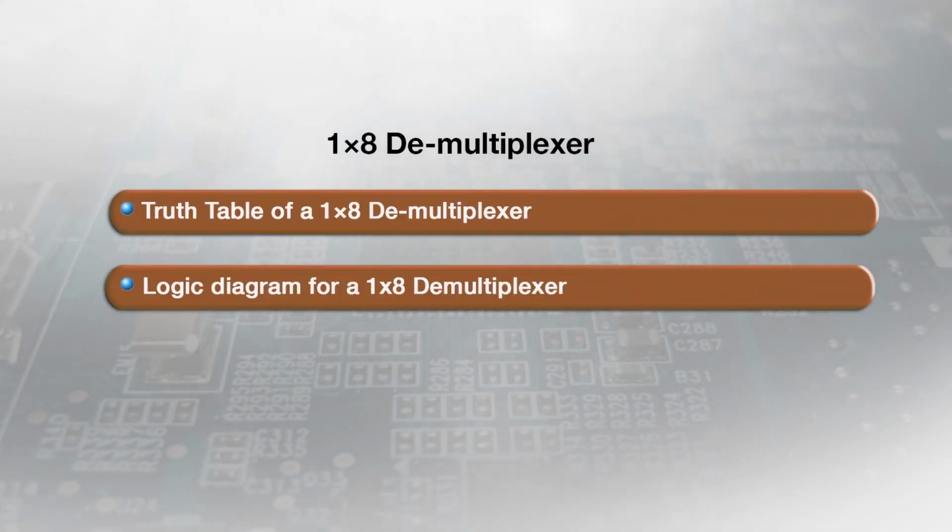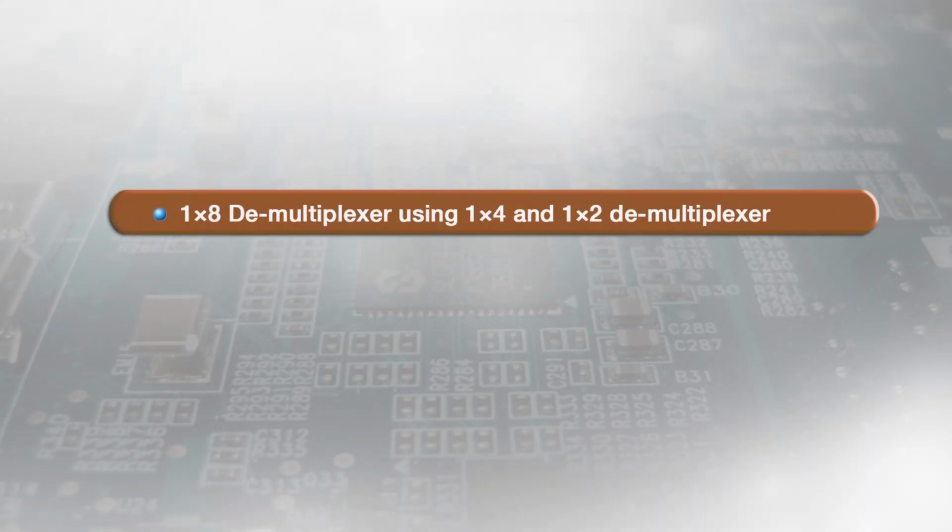We will discuss their truth table and the logic diagram. Followed by that, we will discuss the 8 cross 1 multiplexer and we will design this 8 cross 1 multiplexer using 1 cross 4 multiplexer and 1 cross 2 demultiplexer.